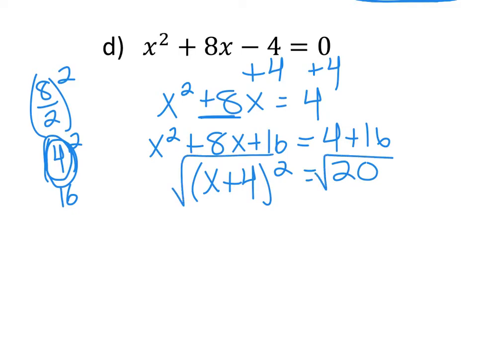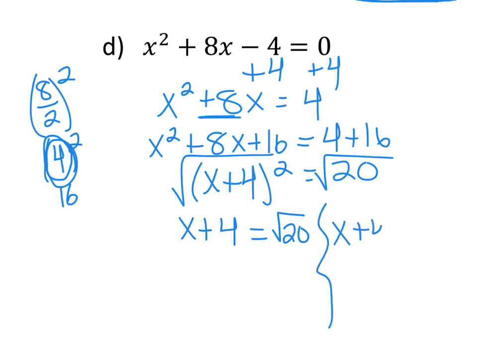We get x plus 4 equals, now the square root of 20 is not a perfect square. So we're going to write it as the square root of 20, because I don't know what it is yet, and x plus 4 equals the negative square root of 20. Now, here's the tricky part.